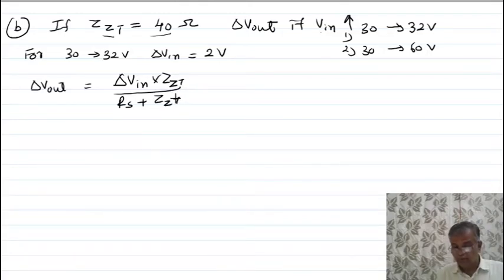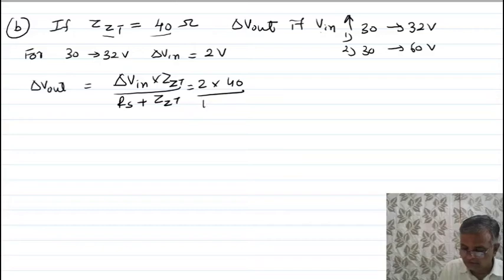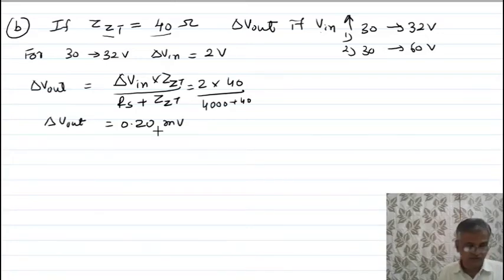So 2 multiplied by 40 upon 4000 plus 40. Just a rough calculation, you do it perfectly: 0.2 into 10 raised to minus 3, so 0.2 millivolt.